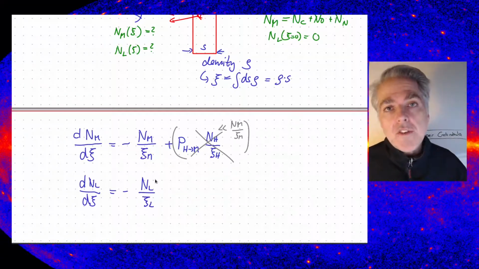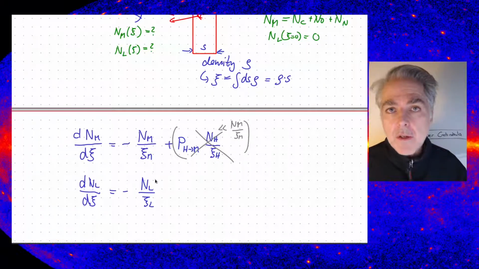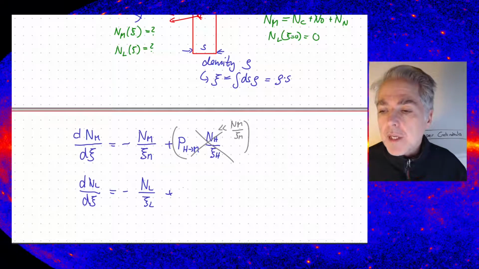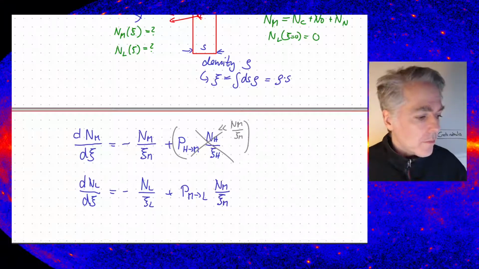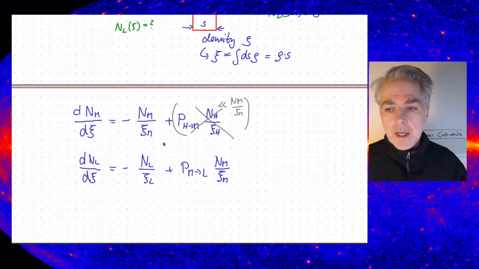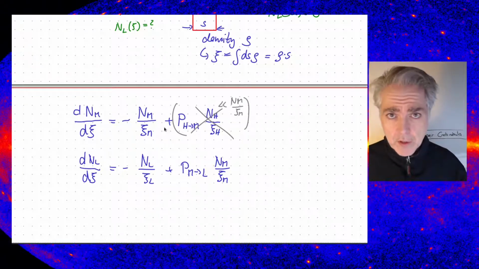And we now have essentially the particles which are heavier, and the ones which we want to consider here are the medium mass group. So we would have here a term which is the probability for medium to go to light, times Nm divided by Xi-m. So these are two equations which are coupled. They are not too difficult to solve. In, for example, the Longair book, you find the solution to this.